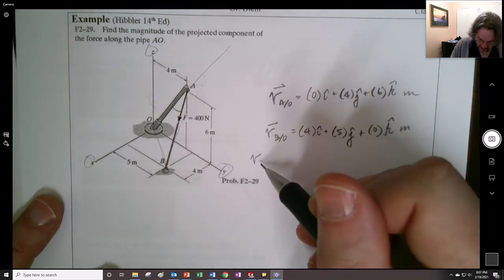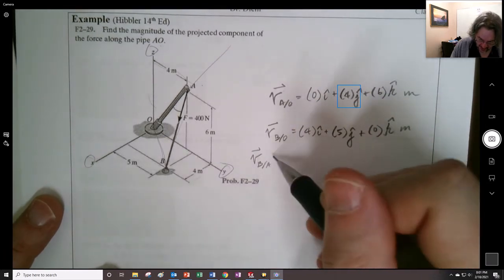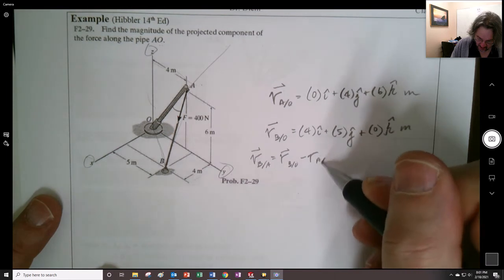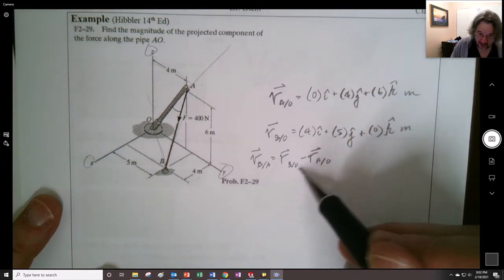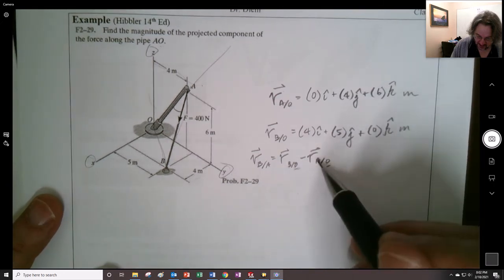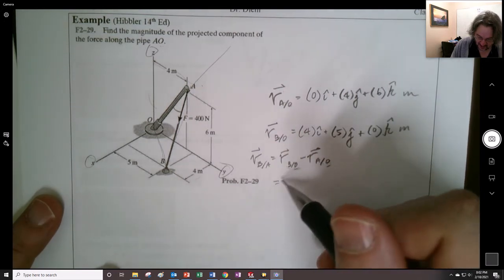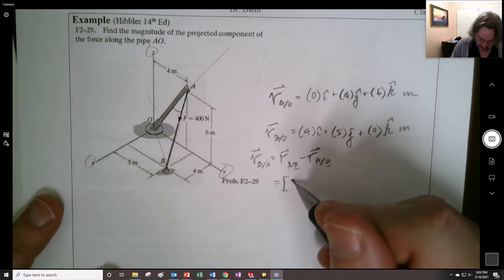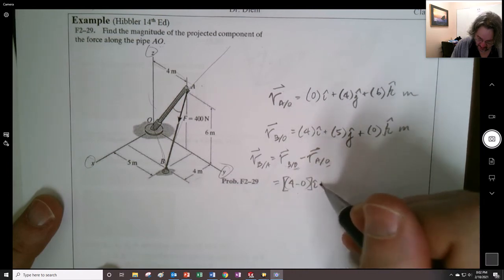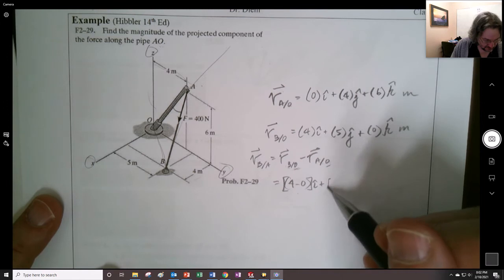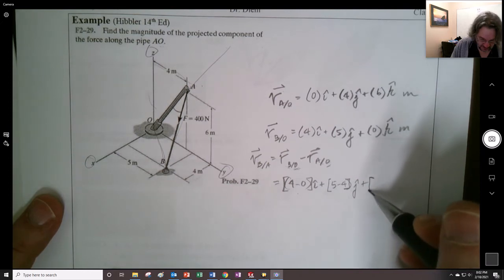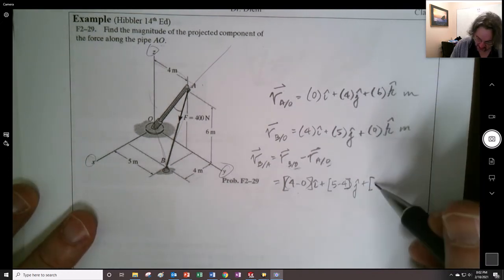So if I wanted to find our B with respect to A, I could take our B with respect to O minus our A with respect to O. I always think of these as indicial math, where the O's are the common denominator, so that just turns into B minus A. I went 4 minus 0, 4 minus 0, and then 5 minus 4, and then 0 minus 6, so it's just going to be minus 6.